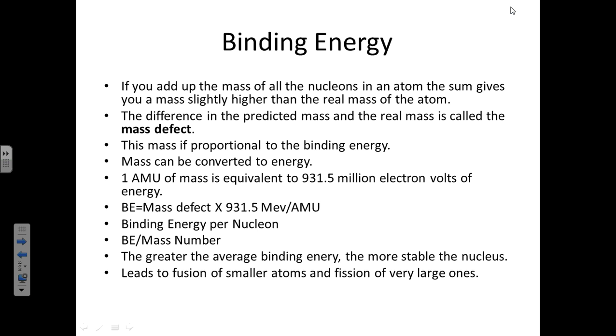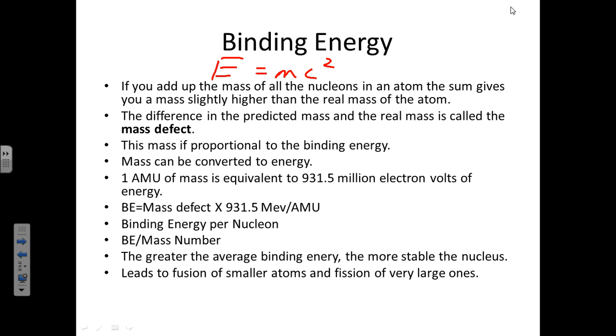One of the ways to calculate the amount of energy that's given off is to use Einstein's equation. E equals mc squared. Where m is what? Which mass? The amount of missing mass. The mass that seemed to just disappear, which it did disappear, turned into energy. And then c is the speed of light, squared.